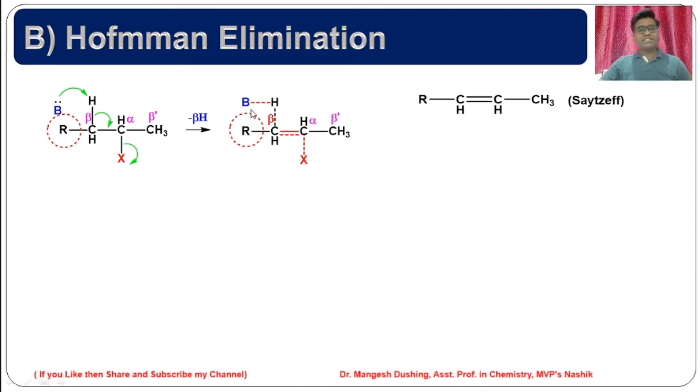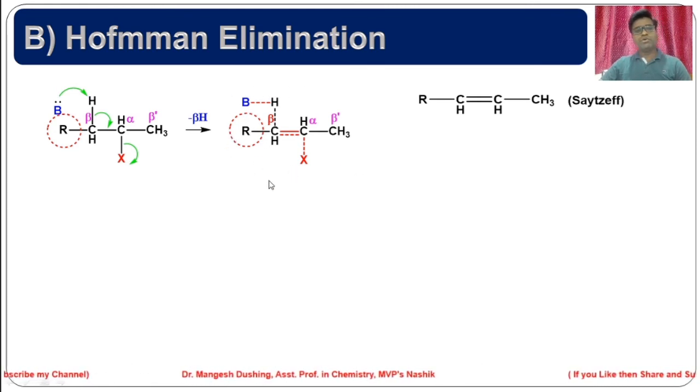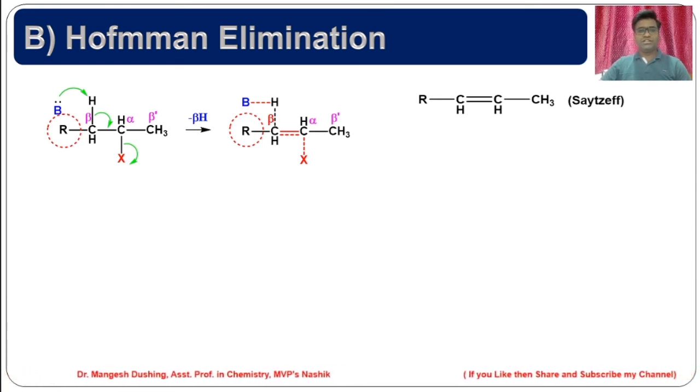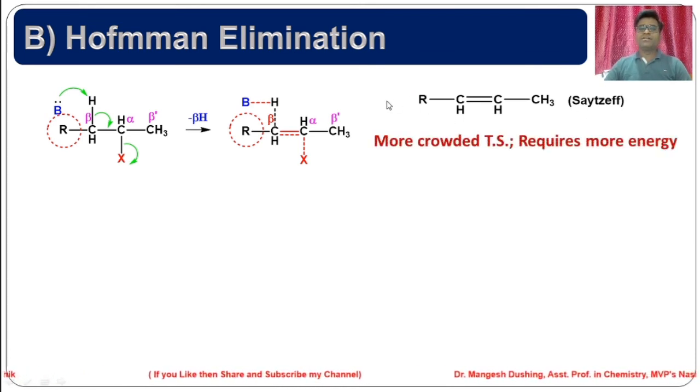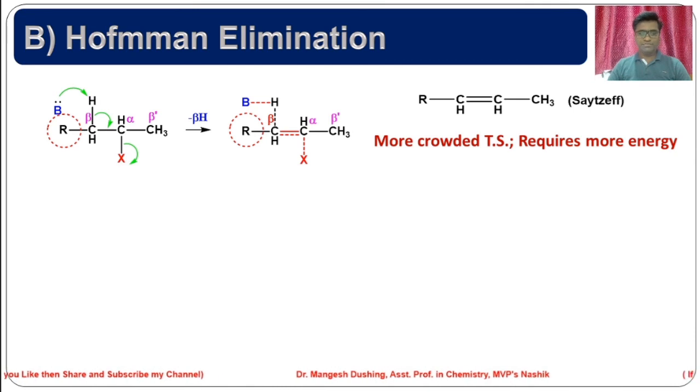Now, as the size of the base or the size of the R group increases, this transition state will be more crowded. So the energy of activation will be higher, and the rate of the reaction will be slower.